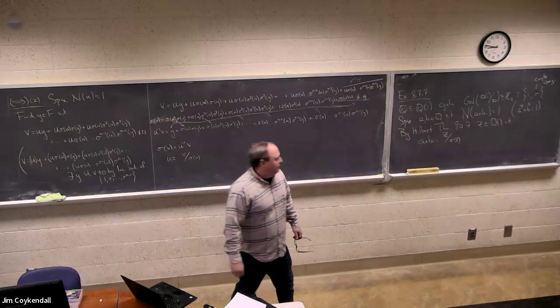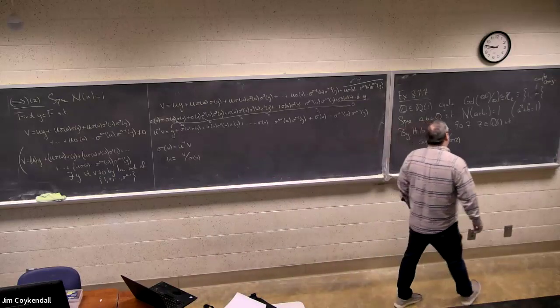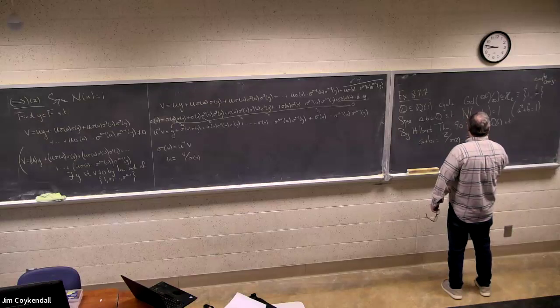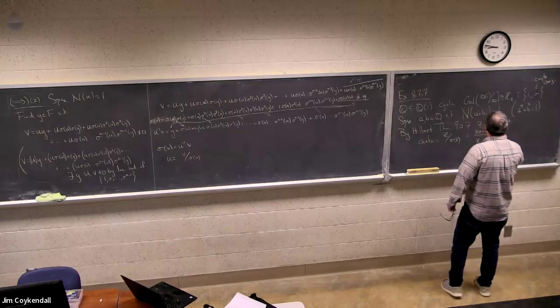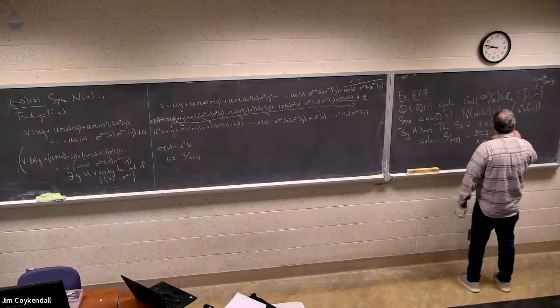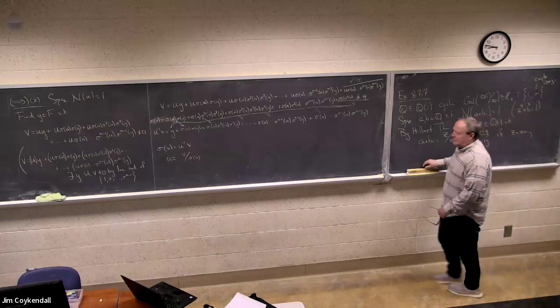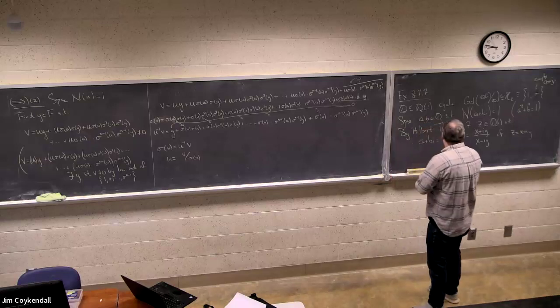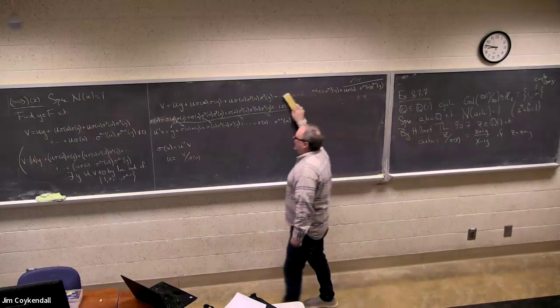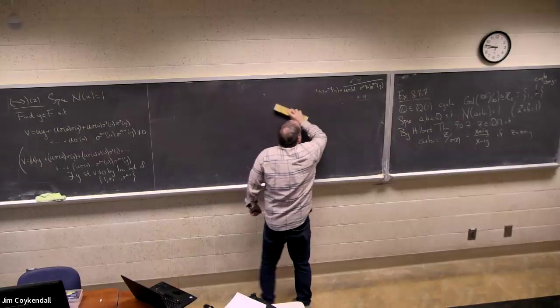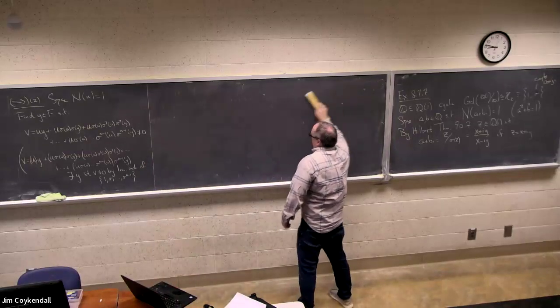And so if Z is x plus iy, then what this means is a plus bi has to be able to form some x plus iy over x minus iy, right?